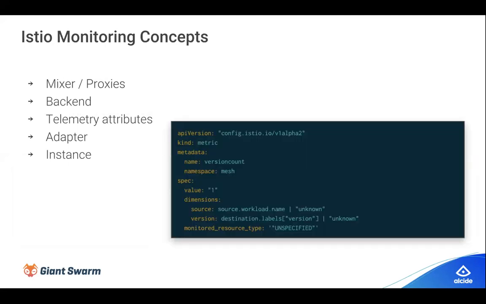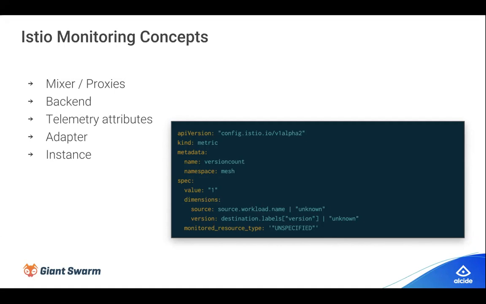Now let's move to the instance, and the instance is a common entity that has been defined by the community. Here we see the example of a metric. So instead of having multiple entities created by each backend or provider, there are some agreements.